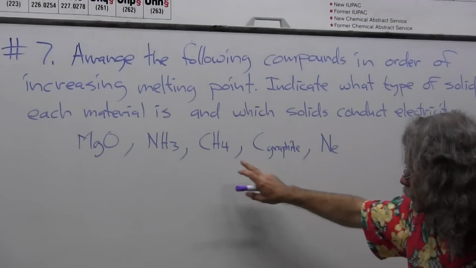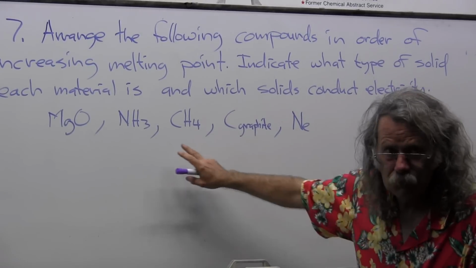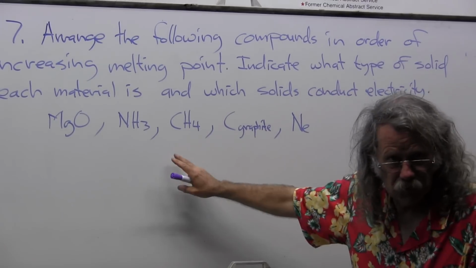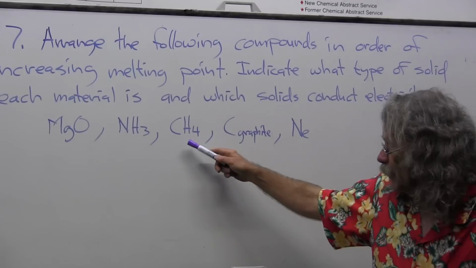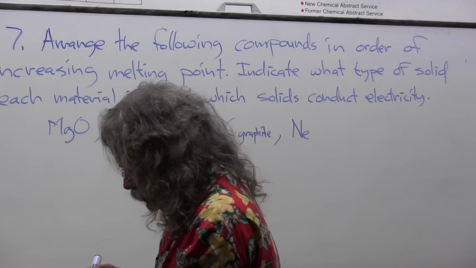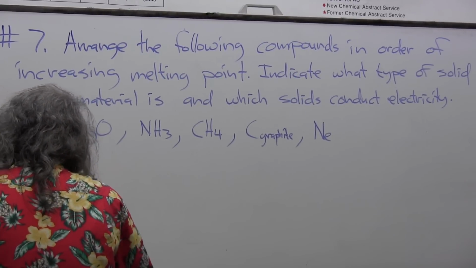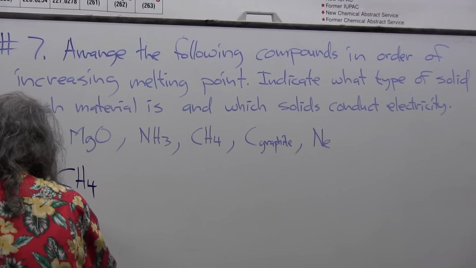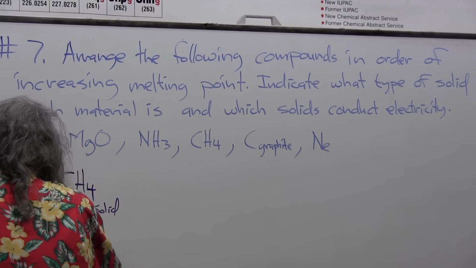I probably wouldn't care if you got that reversed, but based on the type of interactions that are holding these together being the same interaction, London dispersion forces or induced dipole interactions, I would pick methane to be the lowest melting. So I would take a different color here, CH4, and it is a molecular solid, and it's an insulator.